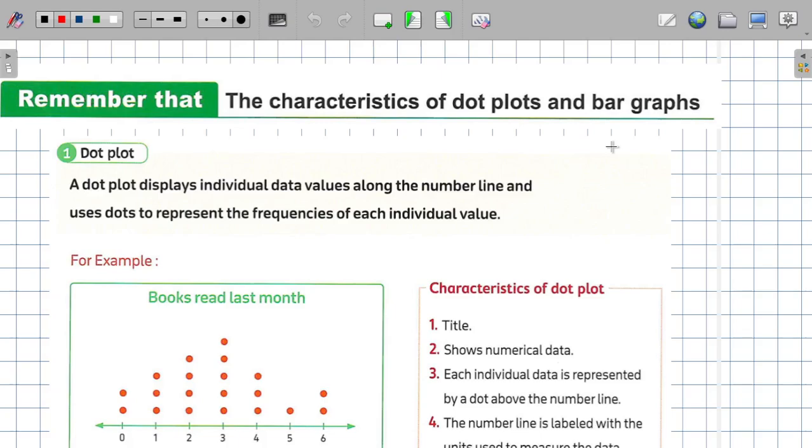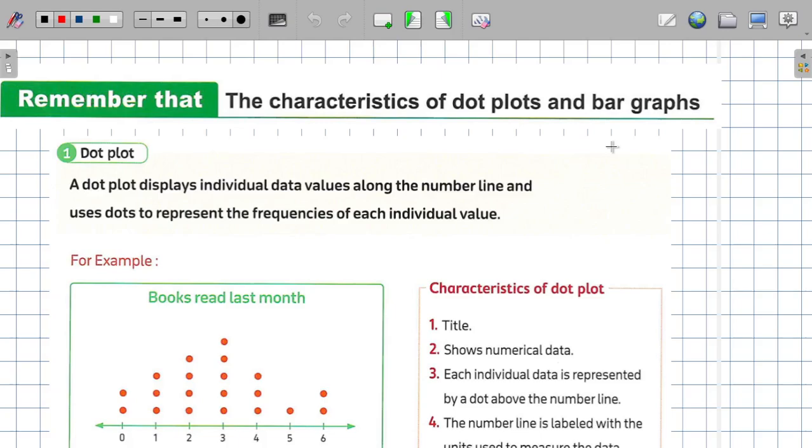Again, the dot plot displays individual data values along the number line. So I would draw a number line, and after that I will represent the data here by dots, and I will ask about how many times every data value repeated in my collected data.